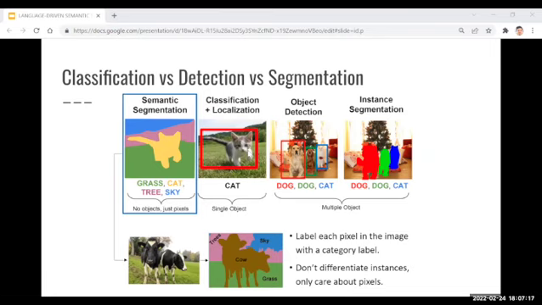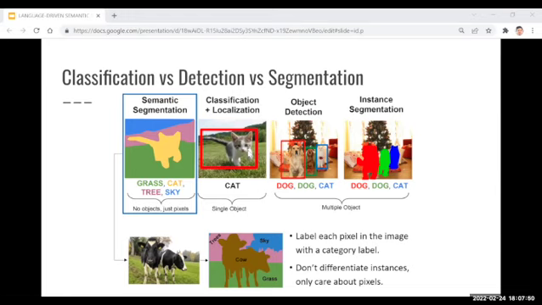For example, in the image on the slide, there is a picture of two dogs and a cat. Instance segmentation is successfully able to identify the objects and their boundaries, and label the pixels with different colors. It labels one dog as red, the other dog as green, and the cat as blue.